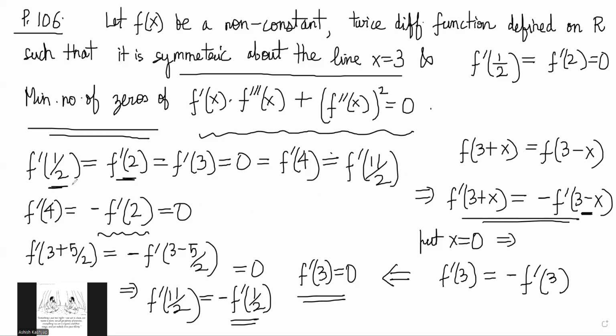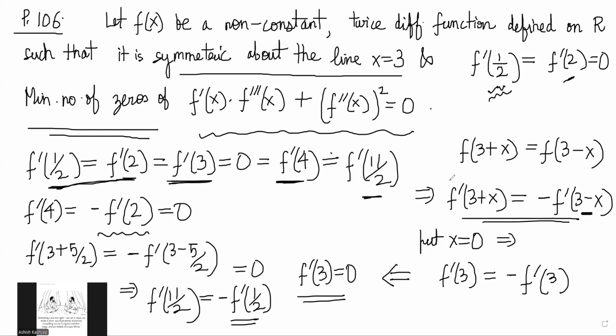So basically we have found 5 points where the derivative is vanishing. The points are 1/2, 2, 3, 4 and 11/2, right? After this, we can't do anything more. We have used the condition for f'(2) also, and we have used the condition for this also. No matter what you do, you're not going to get new points where f'(x) is 0 with this much information.